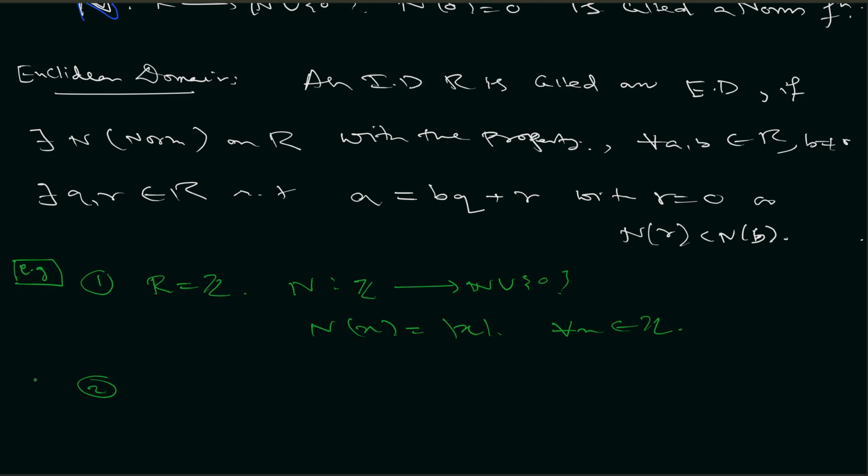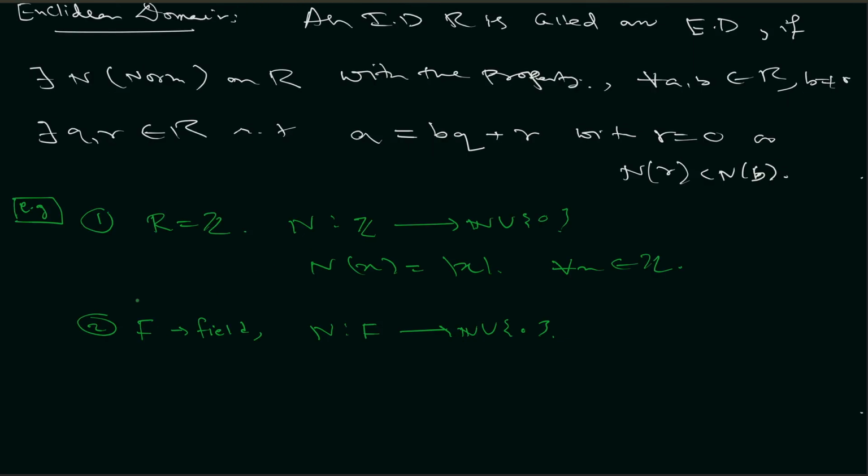Example number 2. If you have any field F, then you can define the norm on F minus {0}. If you have a field, then you automatically satisfy this property.